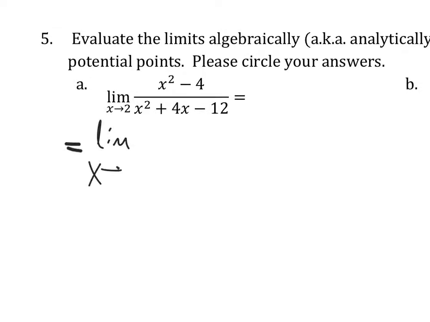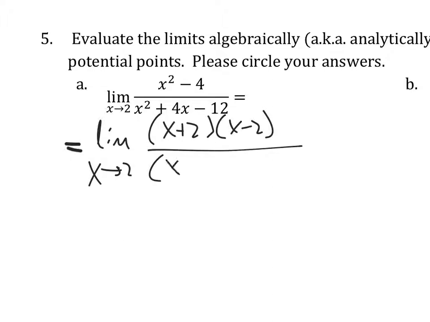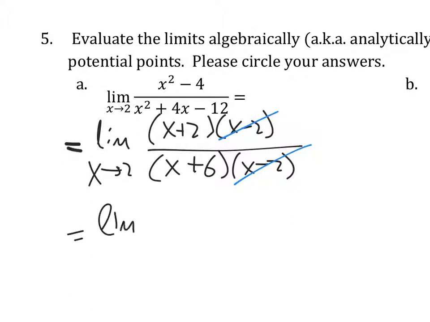Limit as x goes to 2 of x plus 2 times x minus 2 all over x plus 6 times x minus 2. Looks good. And so the x minus 2's cancel. And so this is equivalent to the limit, yes, we need to keep this limit around, we haven't used it yet, of x plus 2 over x plus 6.